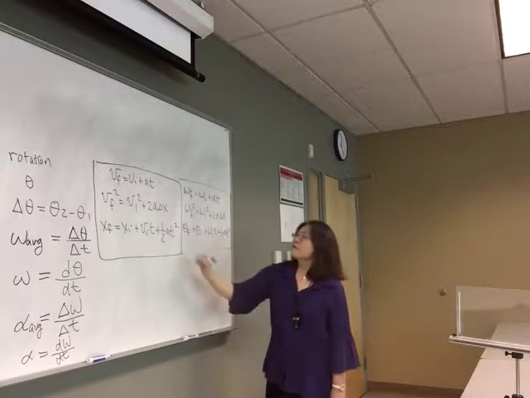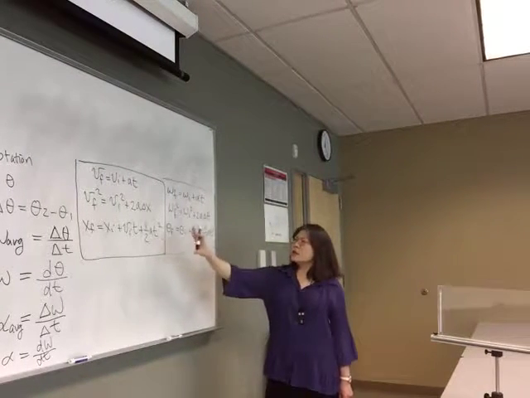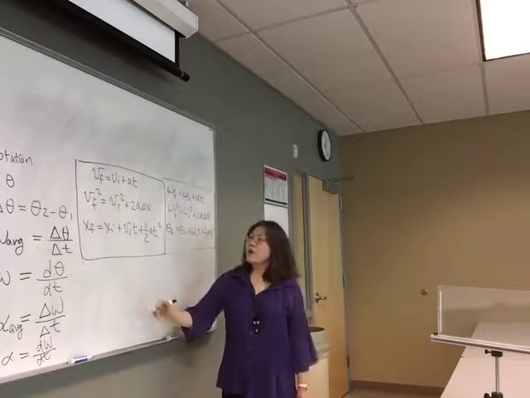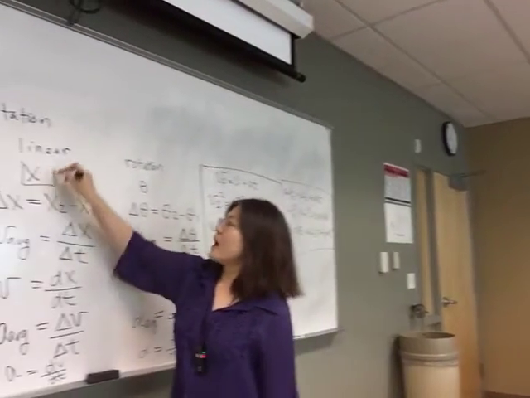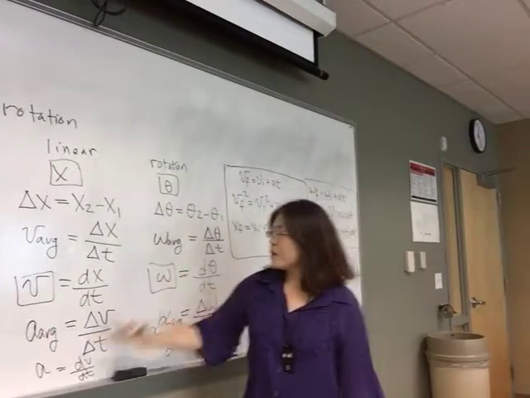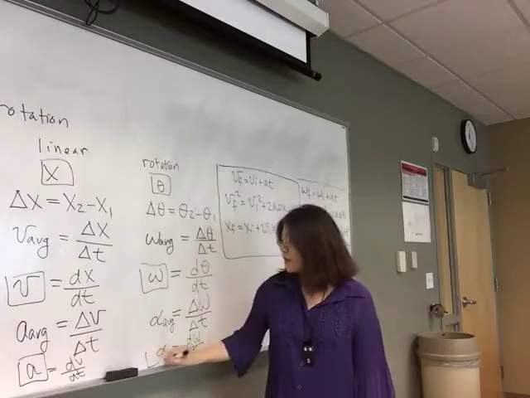So you can see that there's a direct one-to-one correspondence, except that you just have to realize that your x is now your theta, your v now is your omega, and your A is your alpha.